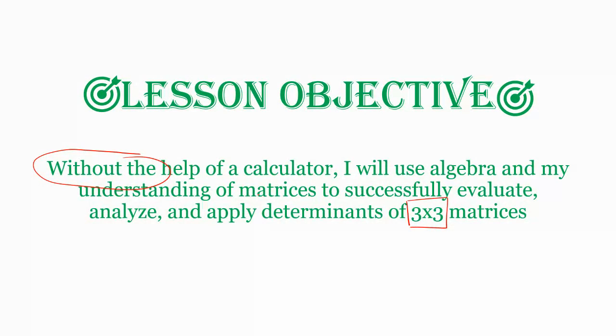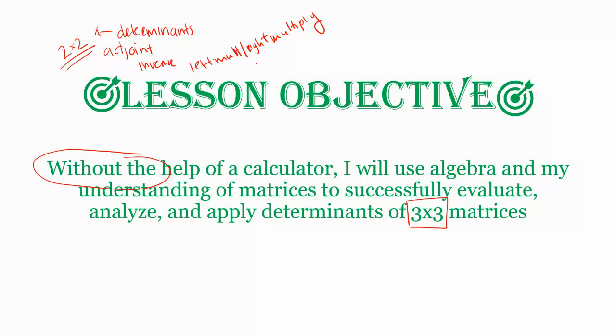You guys last weekend and in our last live session talked extensively about 2x2 matrices, and how you find the determinant of 2x2 matrices and how you use them to figure out the adjoint, and how you find the inverse, and then whether you're left multiplying or right multiplying in order to solve.